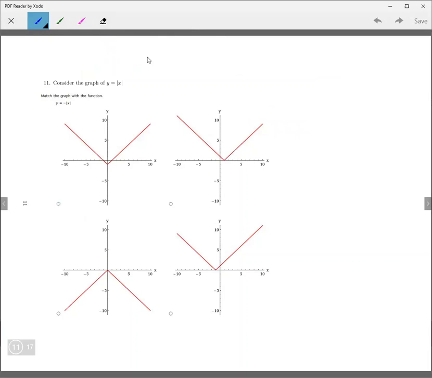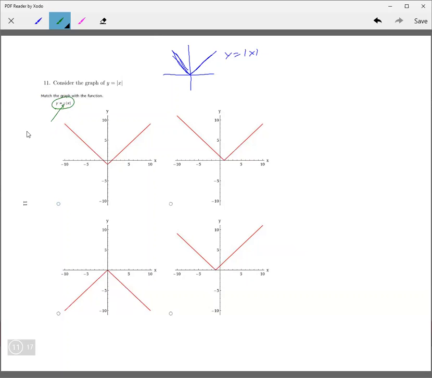Okay, so here, number 11, the graph of y equals absolute value of x is just right here, like that. It branches out from the origin. That's y equals absolute value of x. And what they want us to do is graph these functions. So first of all, it's negative x.